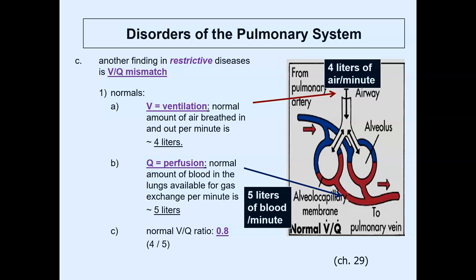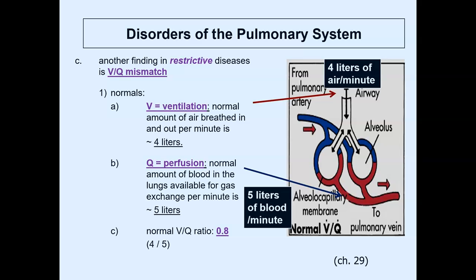Now, again, when we talked about inhalation, we talked about it as having two parts or stages: V, bringing in air, and Q, perfusion. So when your patient has a problem with oxygenation status, then we think restrictive disorder, but now we need to really pinpoint, where is the problem?